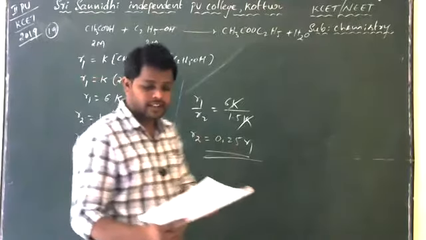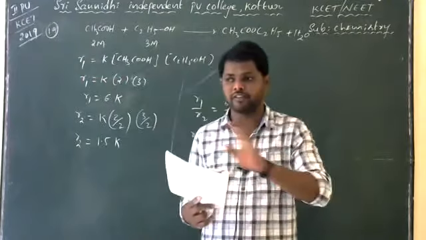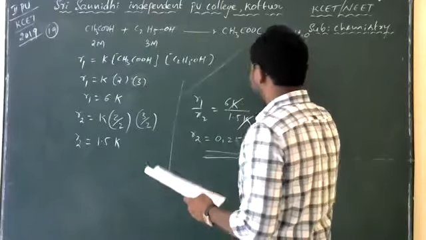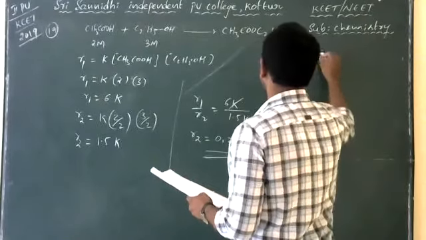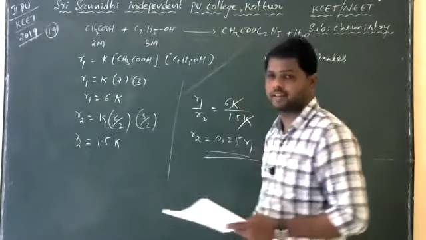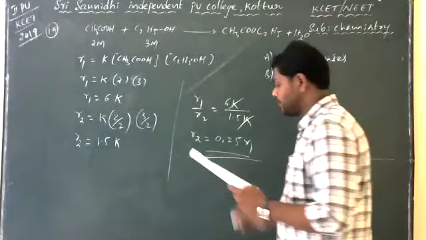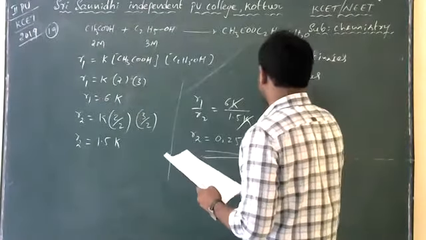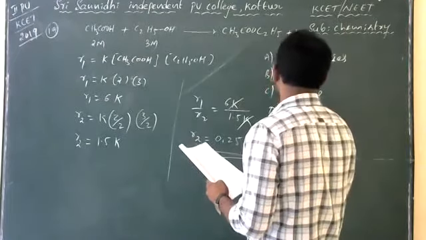But the options given here have a typing mistake. The 4 options all show 0.25. So you have to keep the first option, option A, as 0.25 times, and change the remaining options. For option B you have to take 2 times, option C is 4 times, and option D is 0.5 times.